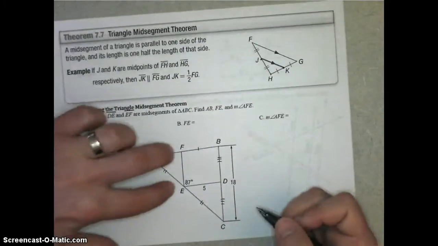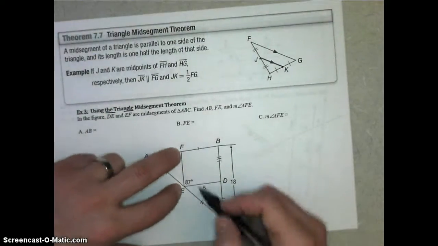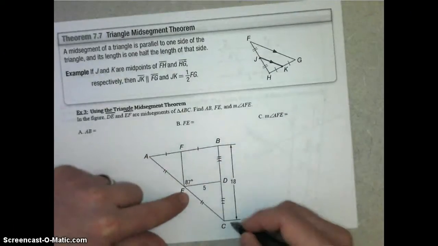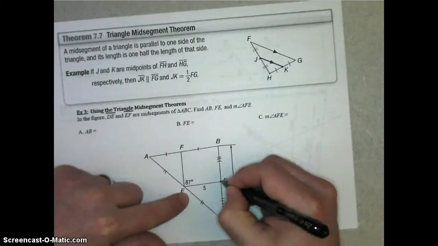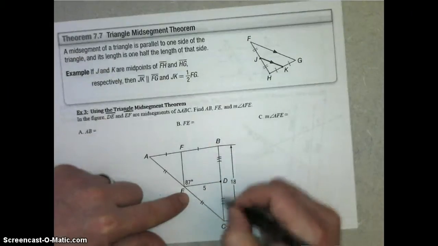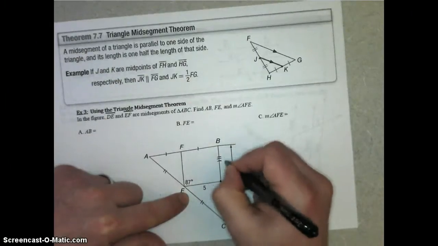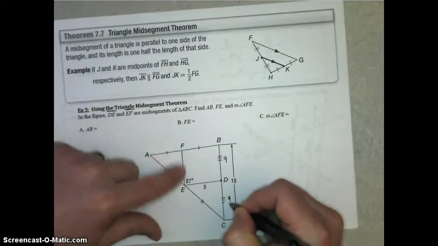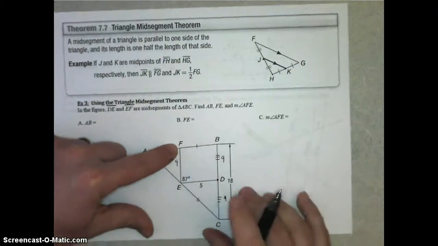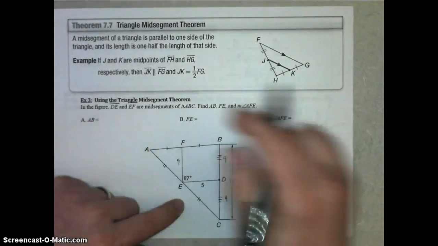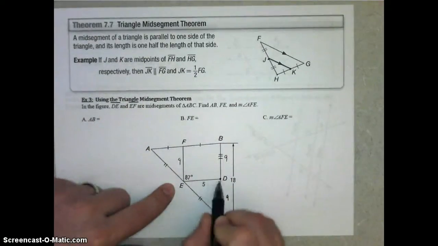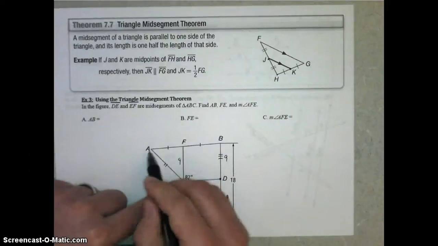Now, if EF is a midsegment, which we've shown it is, then it is equal to half the length of BC. Well, that means we know D is the midpoint of BC, though. D is halfway between B and C, so D makes this segment 9 and this segment 9, so its midsegment, EF, is also 9. And I'm just filling out everything I can about this diagram before I even try and answer these questions.